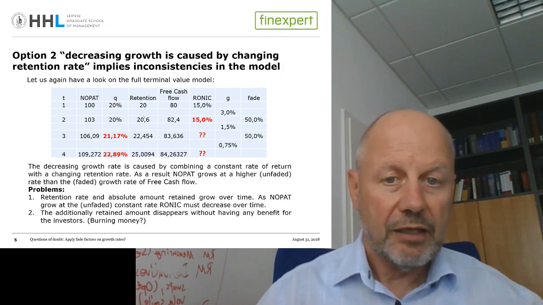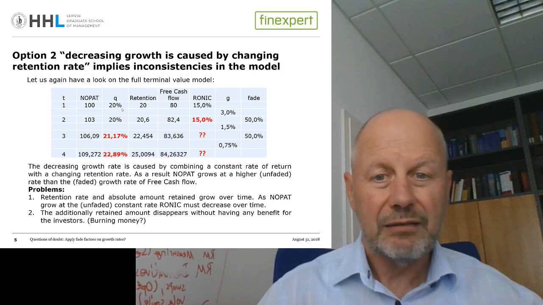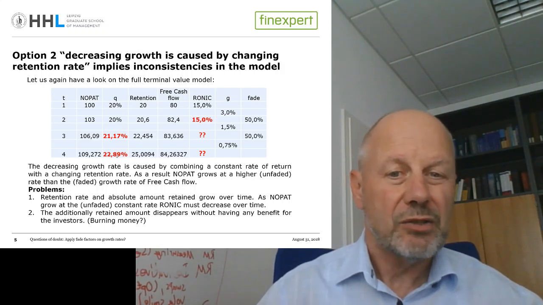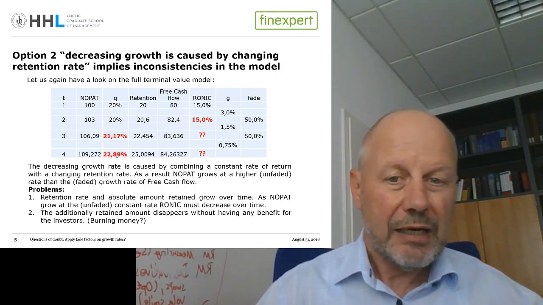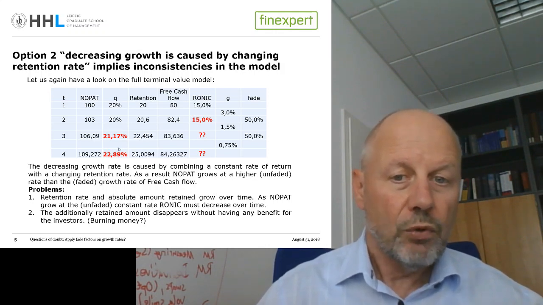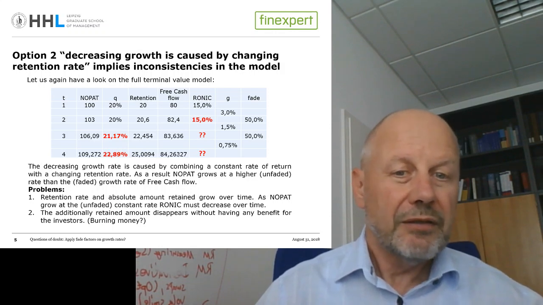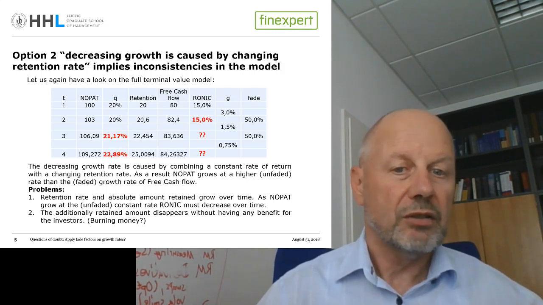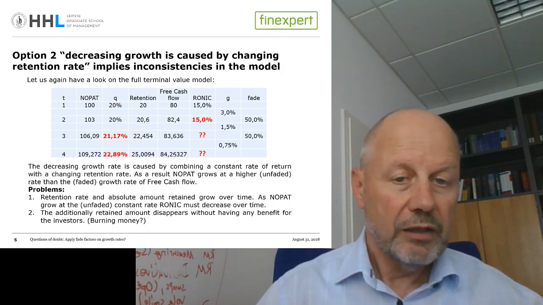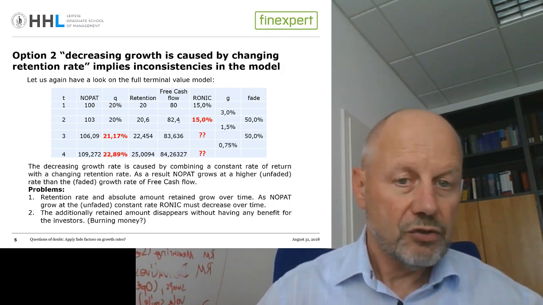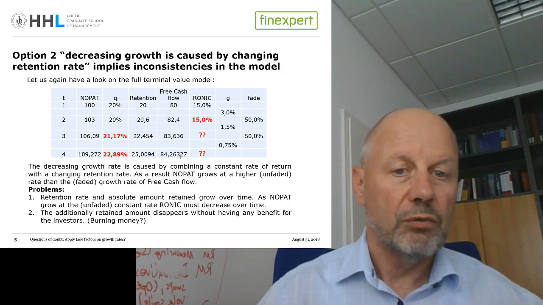And that means that the retention, first, of course, in absolute terms, and second, in percent must increase over time. And that is somehow weird because it means that we hoard some money as the retention becomes higher and higher, and this additional money does not give us any benefit. So our free cash flow is just growing at a significantly lower rate.